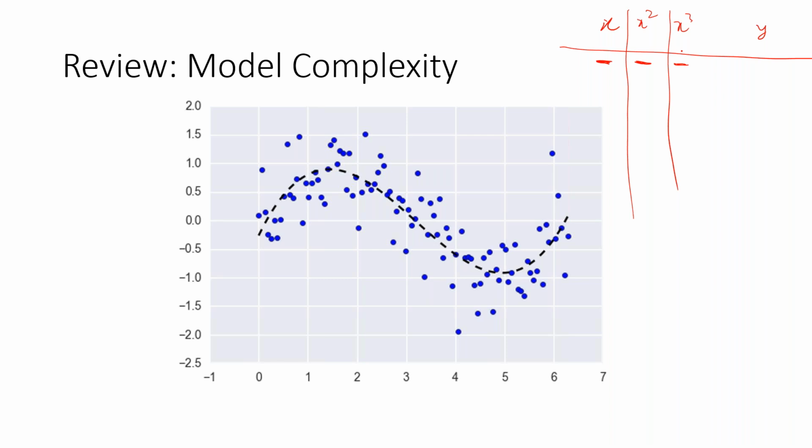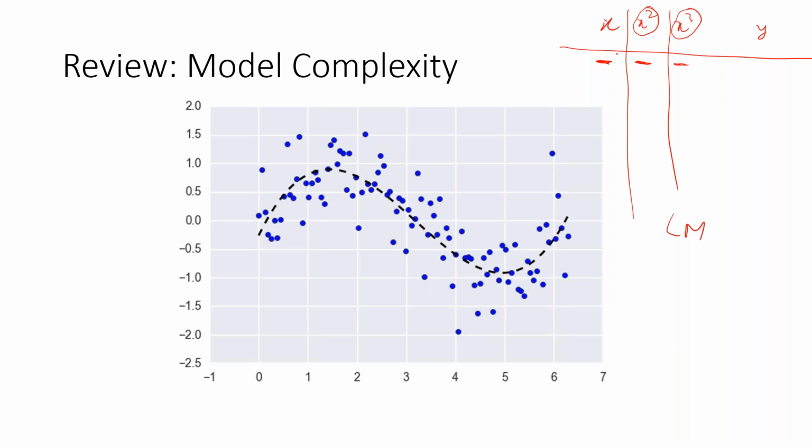So basically, to increase complexity, I used the same linear regression model, but I changed my table. I added more input features to my columns, and I deliberately chose the values to be polynomial values of x.